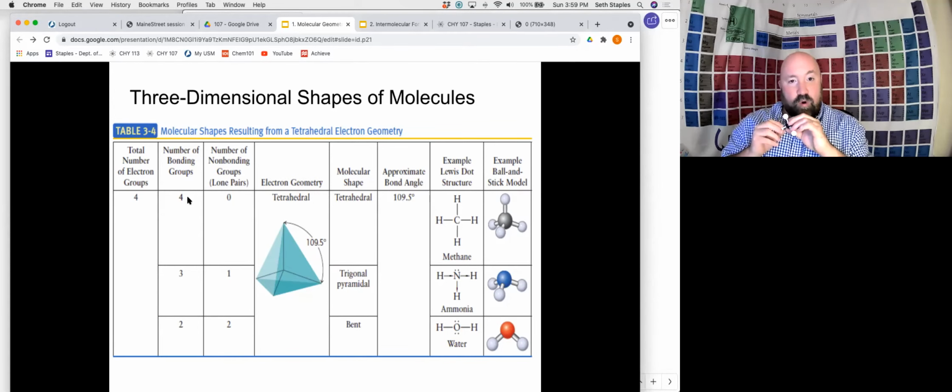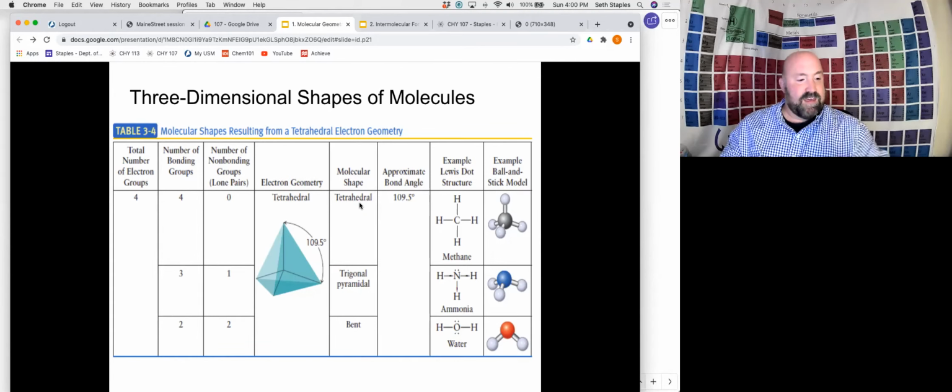Anytime that you have 4 total electron groups, the electron domain geometry is going to be what we call tetrahedral. But then to find the molecular geometry, we want to see how many of those electron groups are bonding and how many are non-bonding. If they are all bonding groups, then your molecular shape is also tetrahedral.